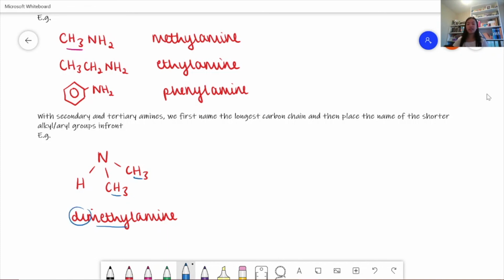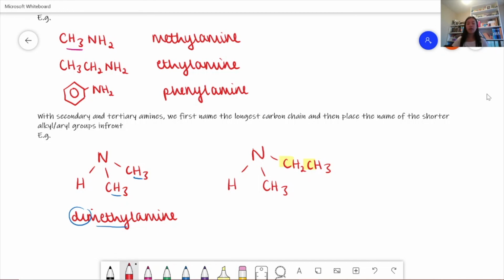And then we could also get a nitrogen with a hydrogen, a methyl, and an ethyl. What we would do here is first we need the longest chain. The longest chain would be this ethyl here because it's got 2 carbons.